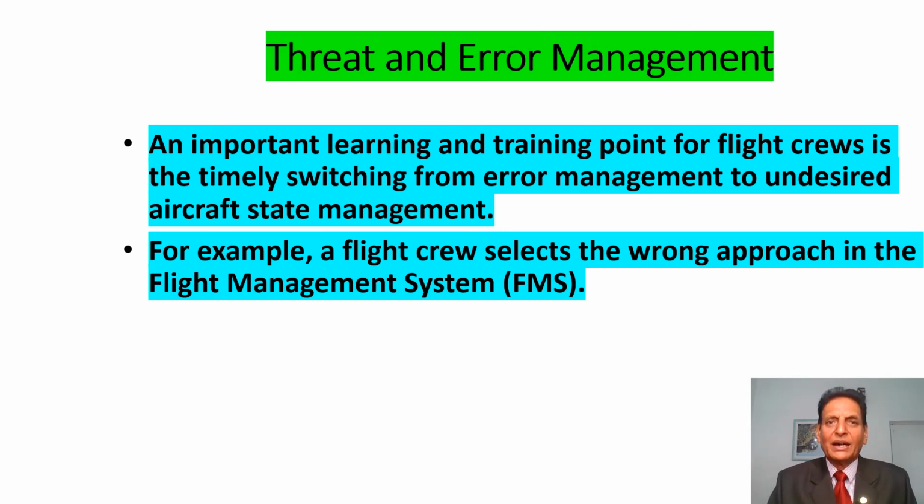An important learning and training point for flight crews is the timely switching from error management to undesired aircraft state management. For example, a flight crew selects the wrong approach in the flight management system.